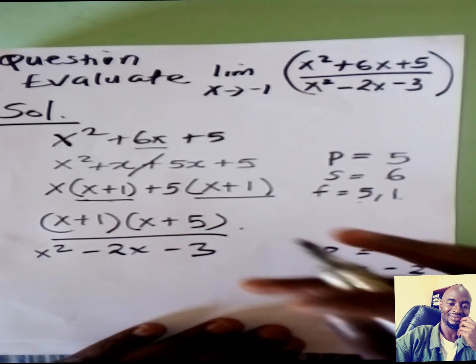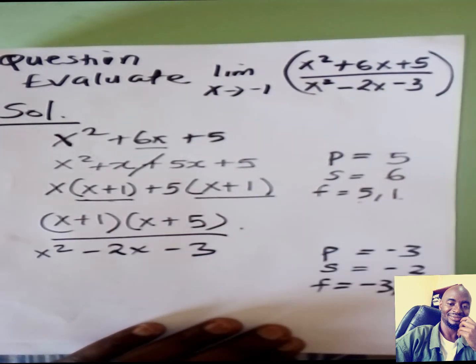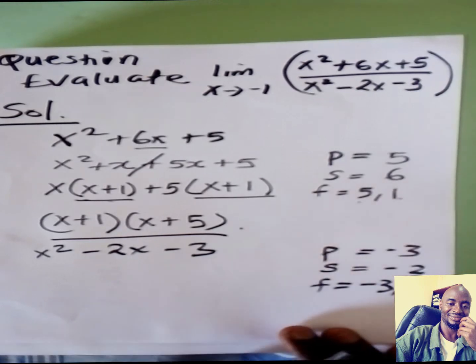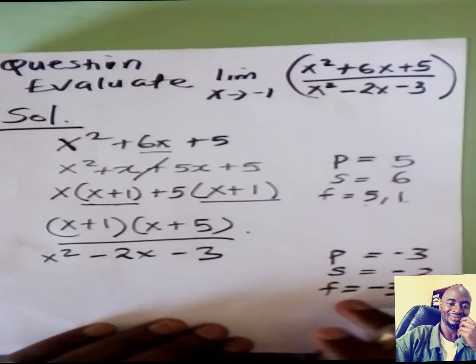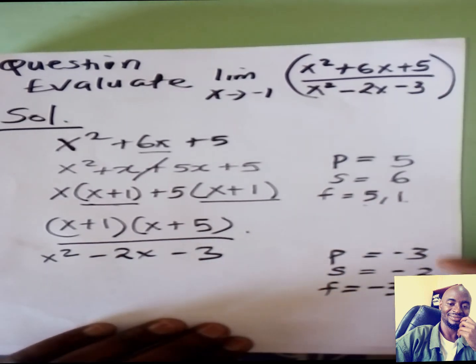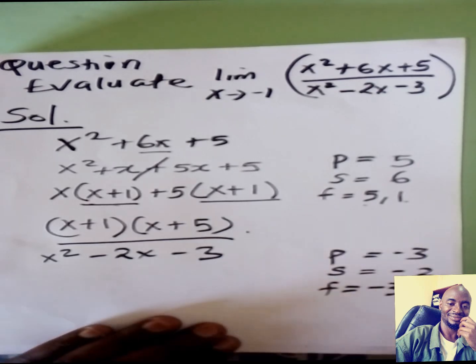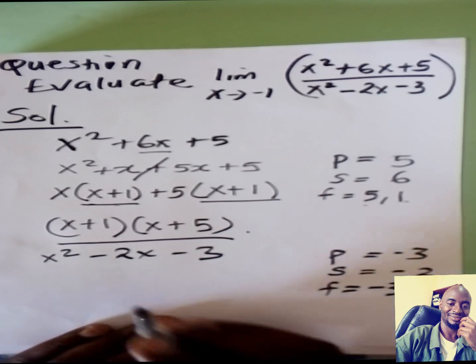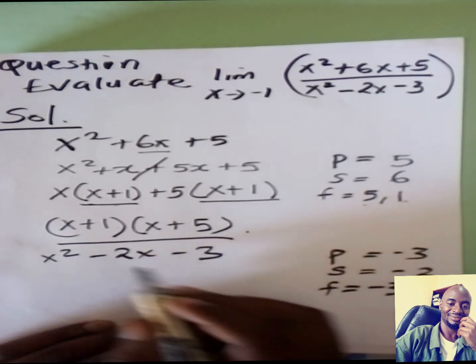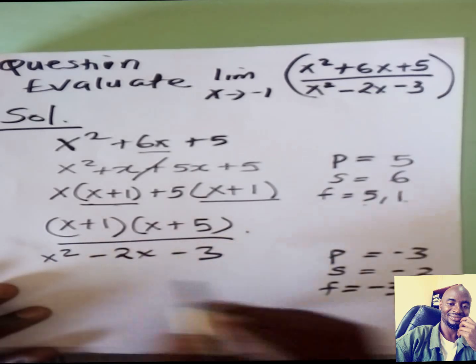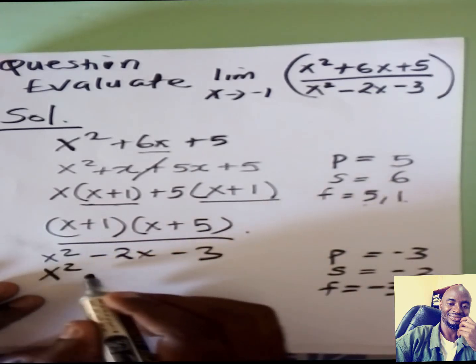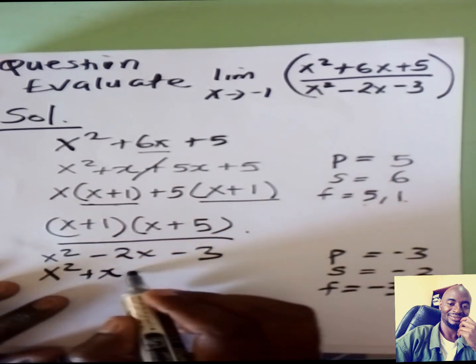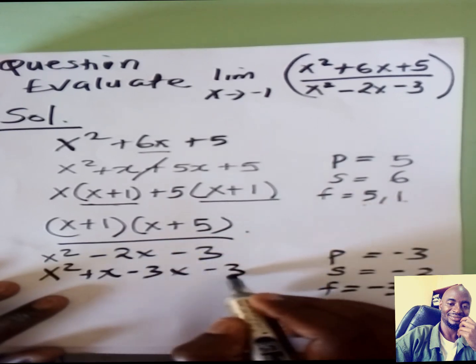Normally you look at the factors of the product, which are the potential candidates, but you have to try them positive or negative. We attach x to these and replace them here. This will be x squared plus x minus 3x minus 3.